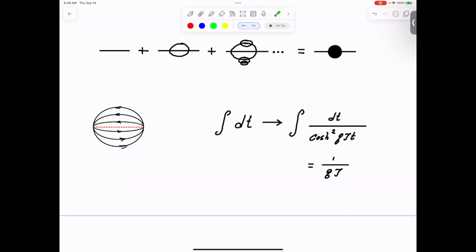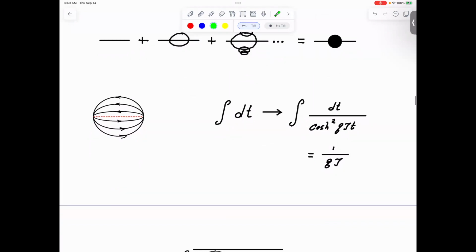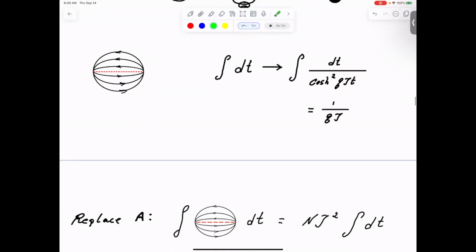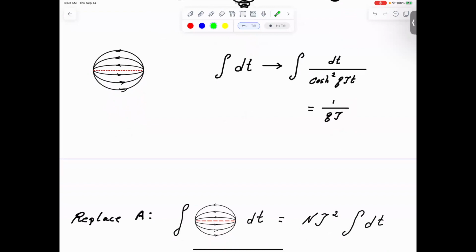The important thing here is that a time scale has been introduced, a cutoff scale, which resolves the infrared divergences, and that time scale is 1 over qj.